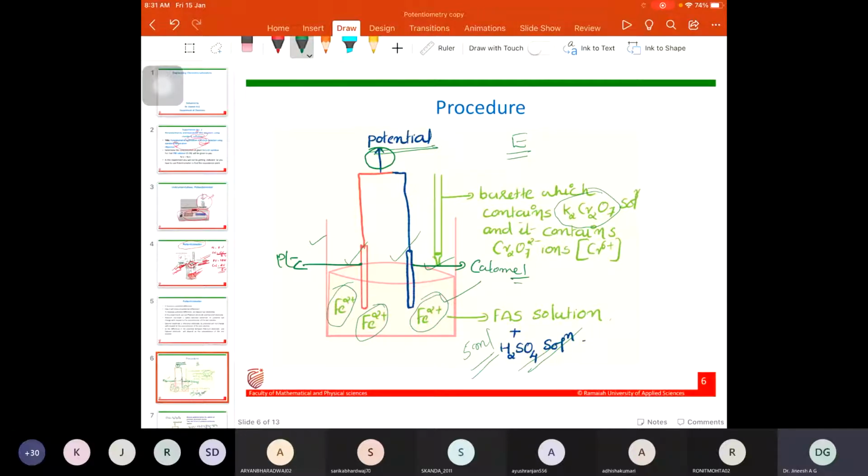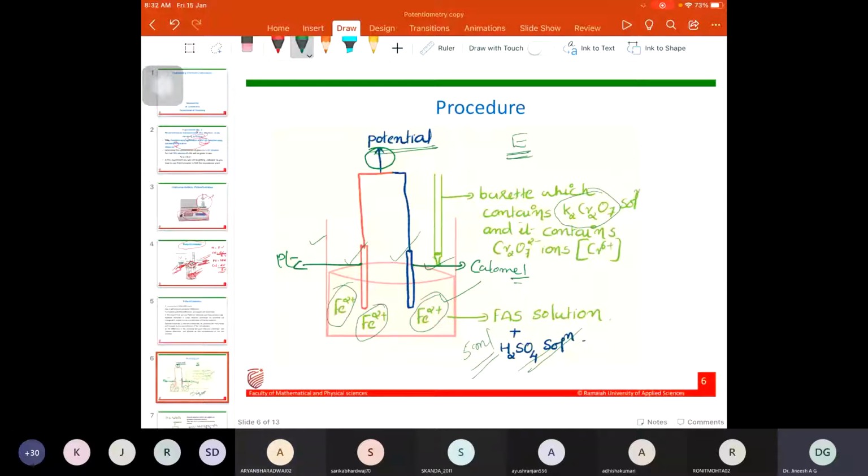To make the sentence simple, I made the potential difference as potential. But you should know that whatever we are measuring, it is potential difference. But now, for time being, I will call it as potential. So when you connect both the electrodes, we will get potential. Okay, any doubts? No, sir.